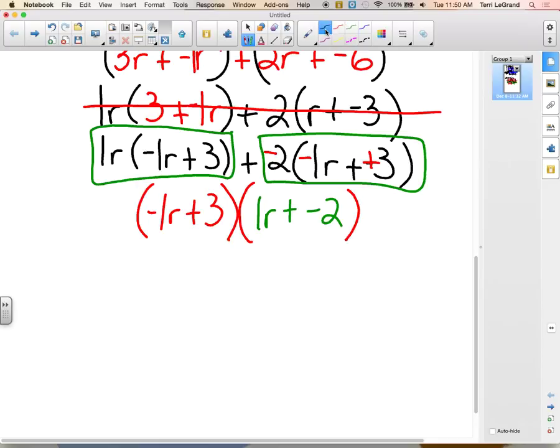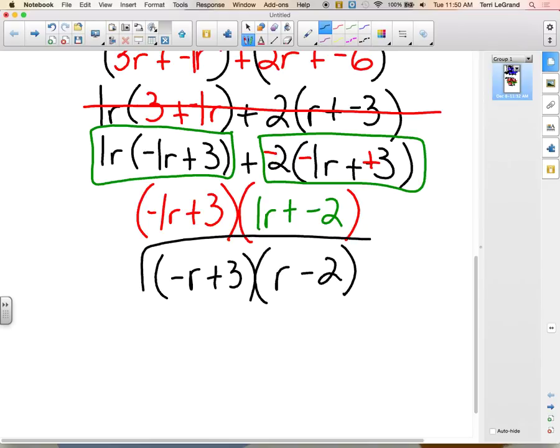Negative 1r plus 3, how would they show that in an answer bank? Cameron? Negative r plus 3 times r minus 2. Yeah. So it's better to check it when it's using that form. We still like that name for checking.